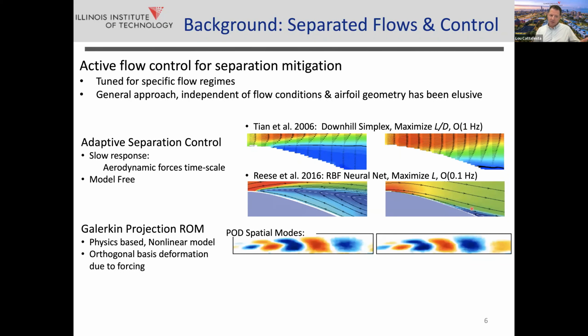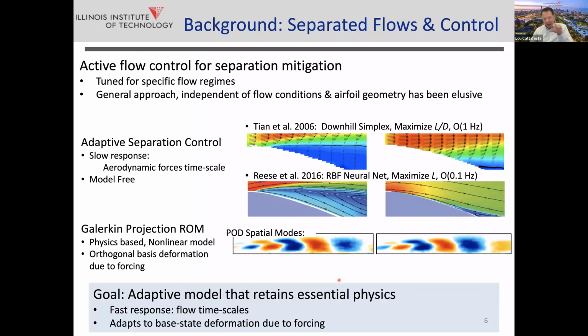So the benefit of these is that they're model free, but of course there's a lot of people that have focused on more physics-based approaches. So for example, one of those is using the famous Galerkin projection, where you use proper orthogonal decomposition of the spatial modes to do this. The problem with this approach is that as you control the flow, the baseline flow changes.